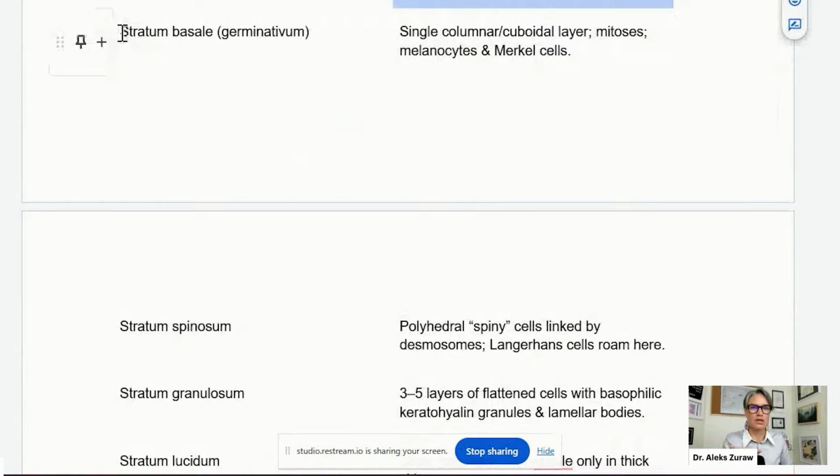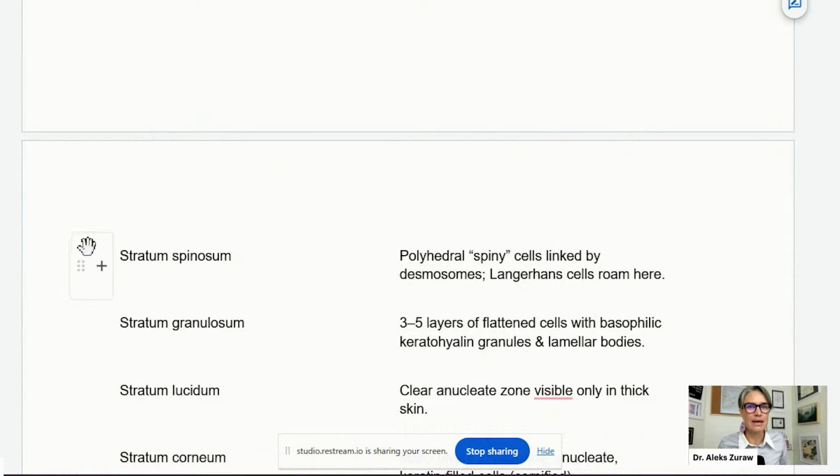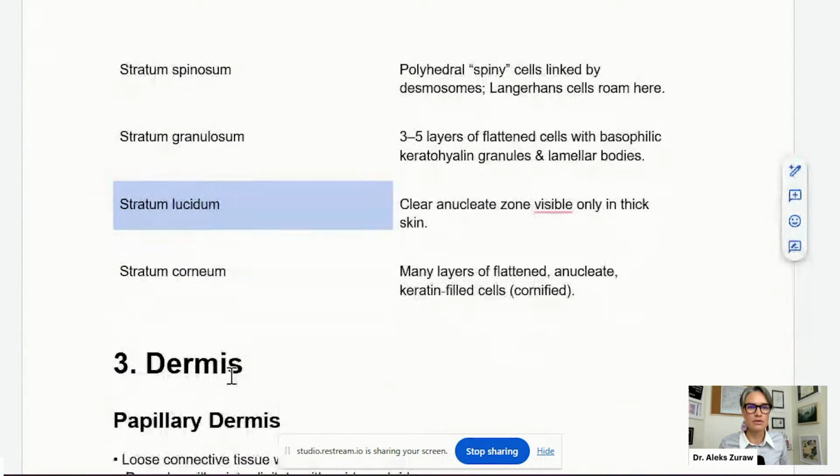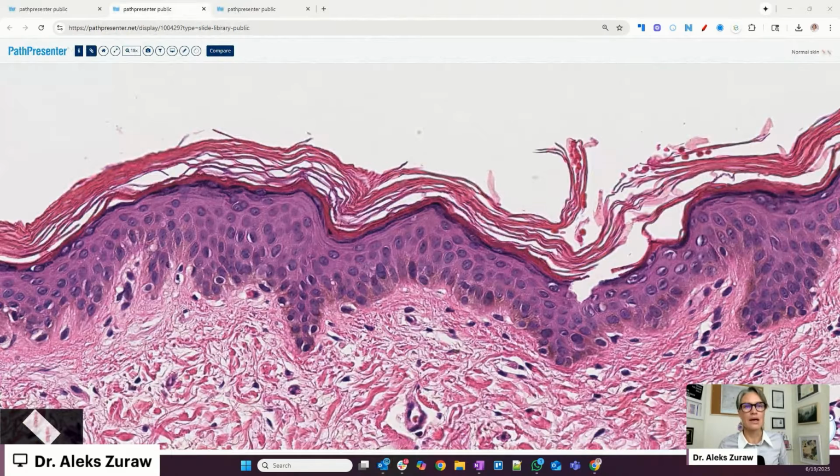So from the bottom, actually, it's stratum basale, the base. Then we have stratum spinosum, granulosum, lucidum, and corneum. Corneum is the flaky stuff that I showed you. Now let's go back to the slide and let's see if we can find them.